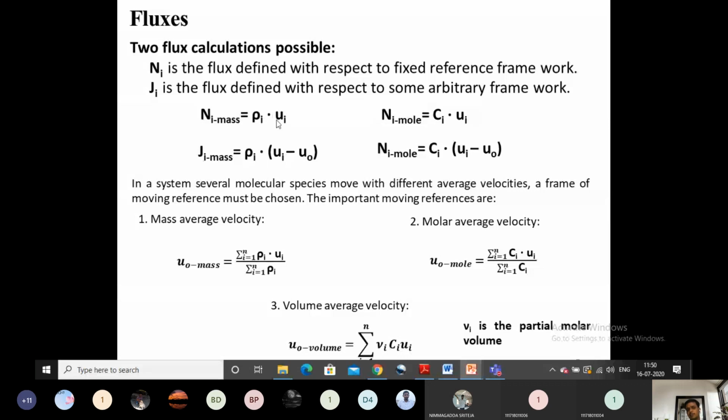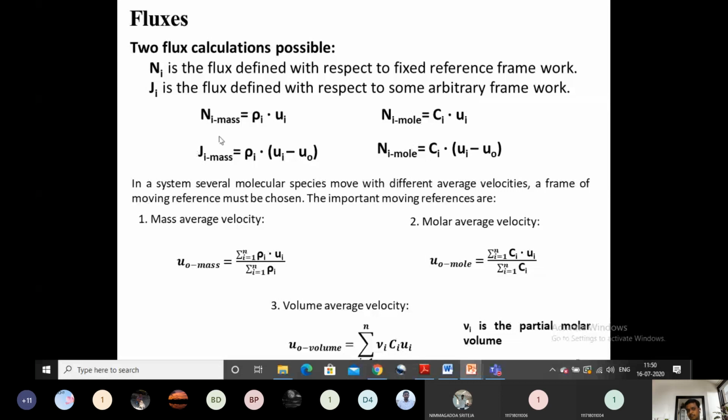When we cancel out these units, we get kg per meter square second. When Ni is denoted with mole, it is concentration multiplied by velocity. Concentration has units of mole per meter cube, into meters per second. So overall the units are mole per meter square second.